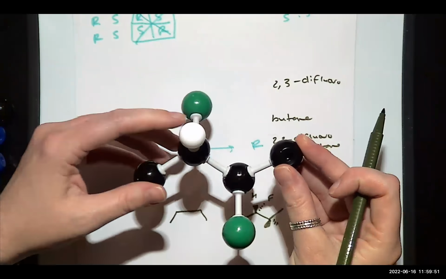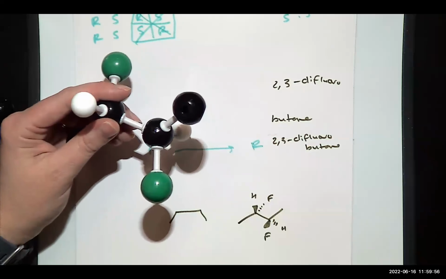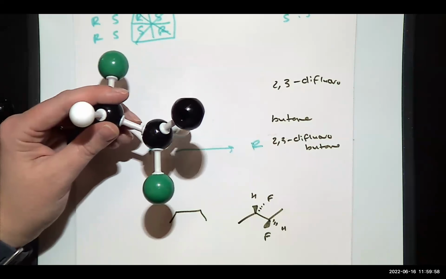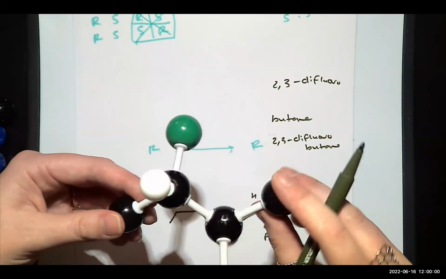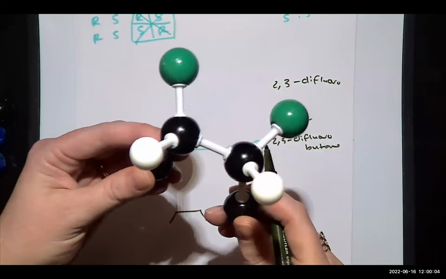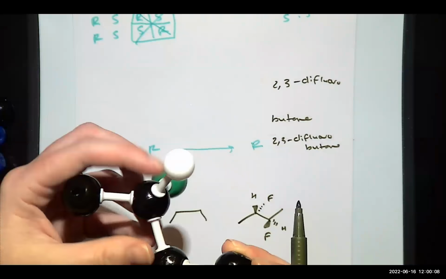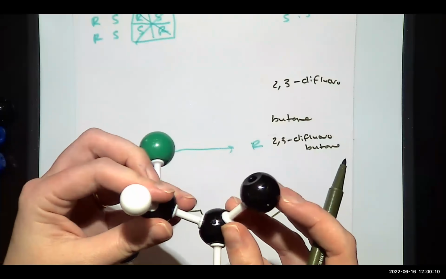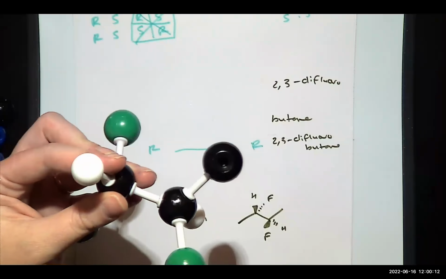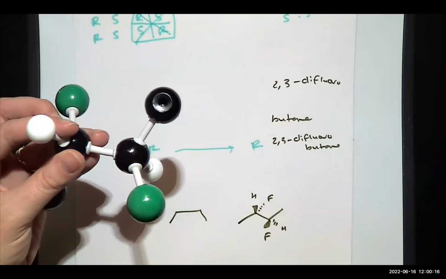This fluorine would be pointing towards me, and this hydrogen would be pointing away from me. That's kind of hard to see the plane of symmetry that was once so obvious, right? So we actually don't tend to draw things with two stereo centers in the bond line formula because it's kind of hard to see the symmetry. So we draw them in a way that makes it easier for us to find that meso compound.